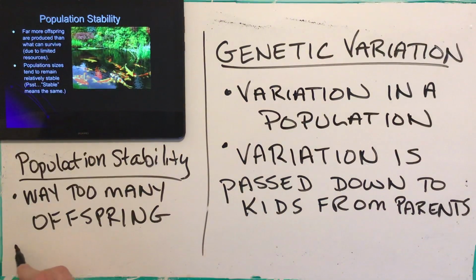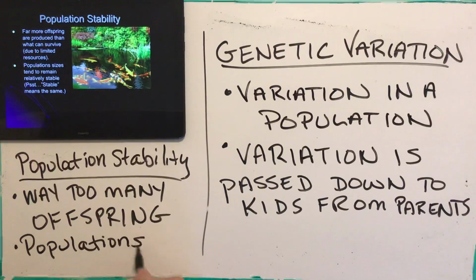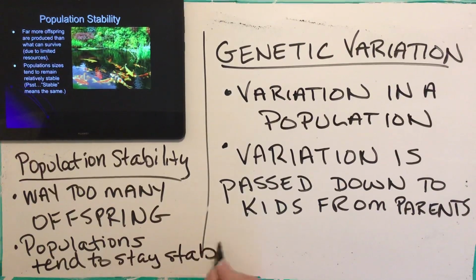Number 4. Populations tend to stay stable. Stable means the same number. Like Christian's dad. He said, hey, look, I know there's a ton of little fish in there now.